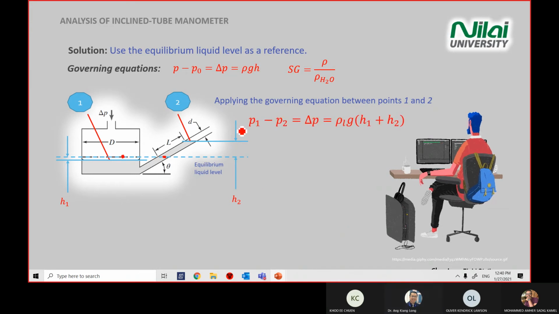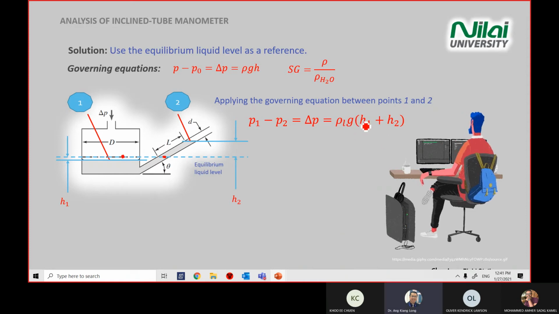So we apply the governing equation, delta P equal to rho gh. How do we calculate the difference between point 1 and 2? We take P1 minus P2. P1 minus P2 will equal to rho gh.